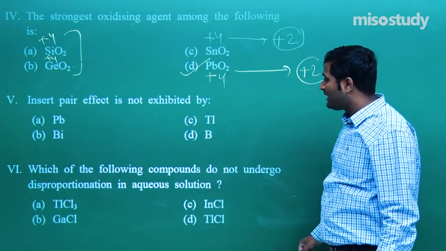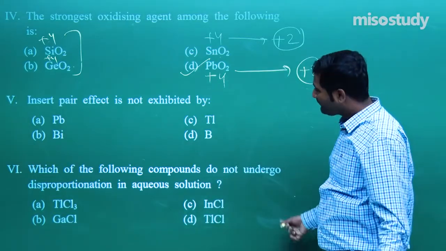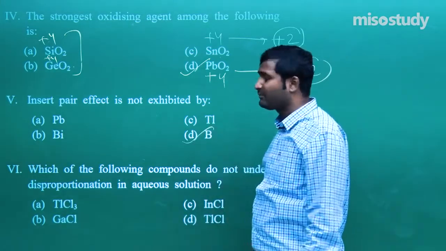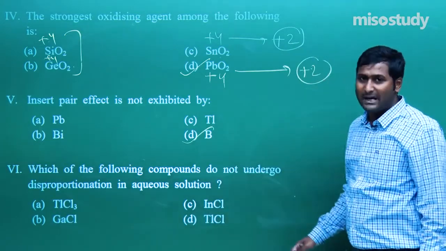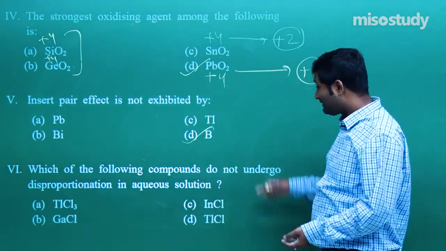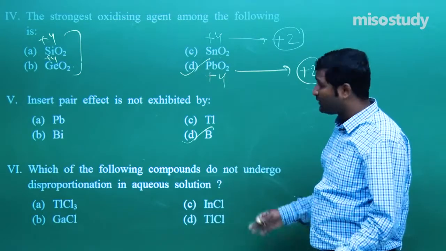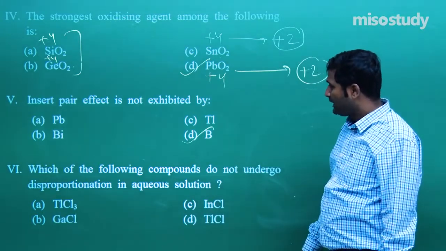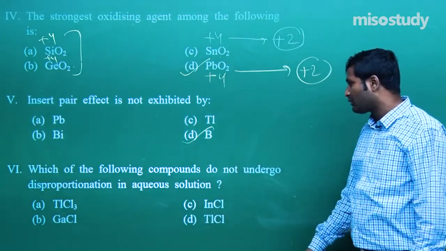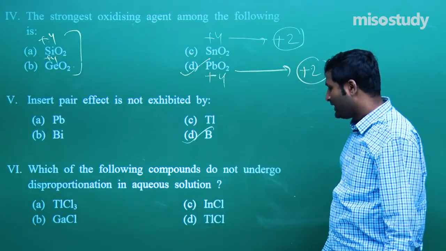Now, the inert pair effect is not shown by boron; we know boron does not show the inert pair effect. After boron comes aluminium till Tl, then carbon also. Now, which of the following compounds does not undergo a disproportionation reaction?